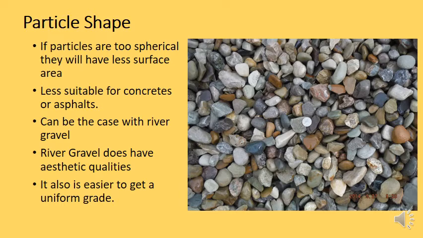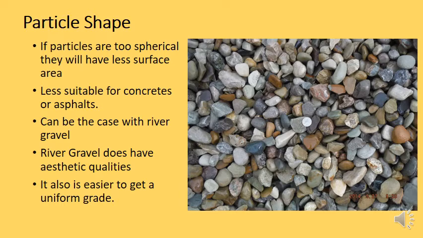And that's why, if you're making a concrete, it is preferable to have angular and more cubically shaped aggregate than rounded aggregate. An example of rounded aggregate would be river gravel.